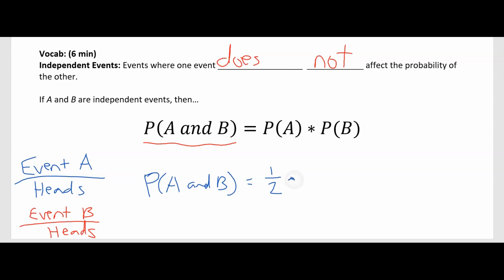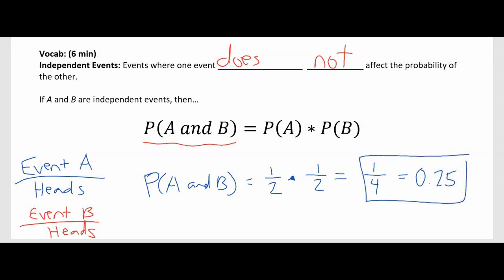Probability of heads occurring on the second flip, well, that's also 1 out of 2. So the probability of heads on both flips is going to be 1 out of 4. You could also say 0.25. Either one is acceptable. So you just need to find the probability of both events occurring and then multiply them together. And this is when one event does not affect the other. These are independent events.